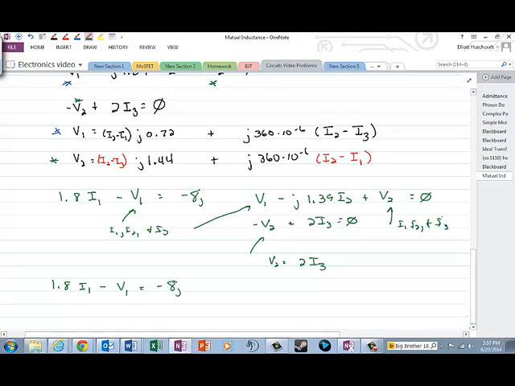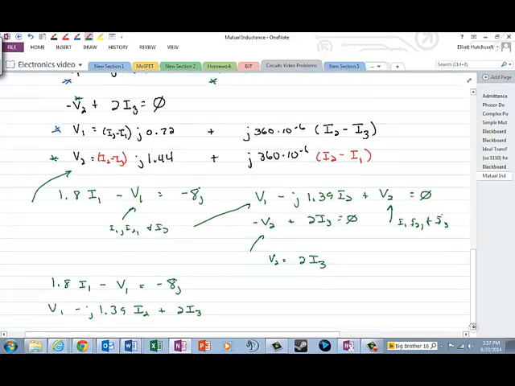The next equation is V1 minus J 1.39 I2 plus V2. V2 I already know is 2 I3, which is an easier substitution than that super long expression. So that's V1 minus J 1.39 I2 plus V2 equals 0.